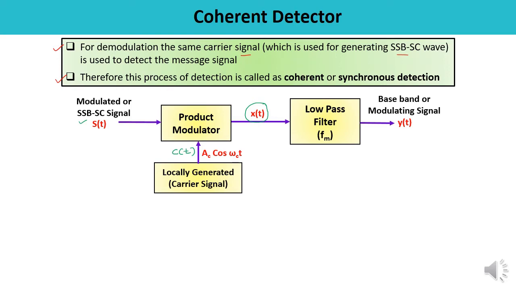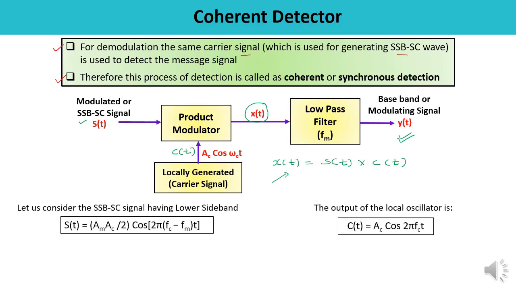When this x(t) is applied to the low pass filter which has a cutoff frequency fm, then at the output we will get the baseband signal or the modulating signal, which is represented by y(t). So let us see how mathematically we can represent it and how we are going to recover the original signal back.